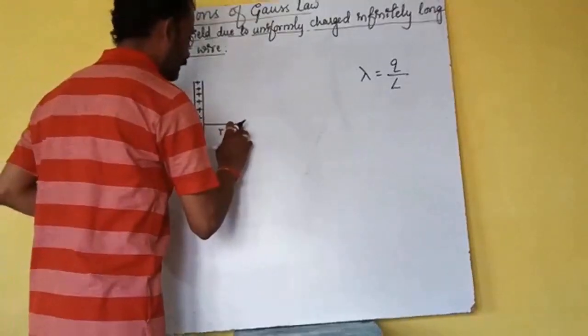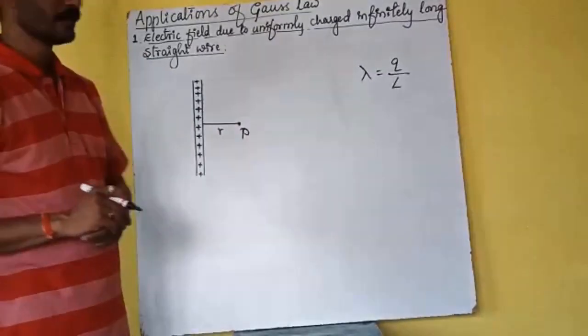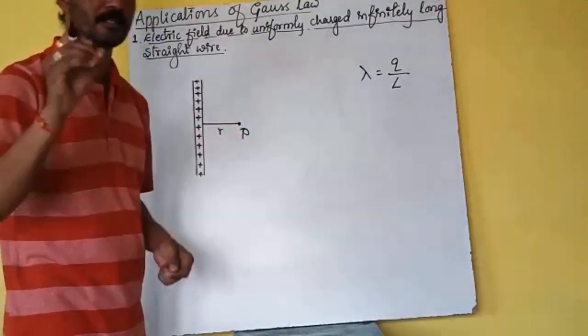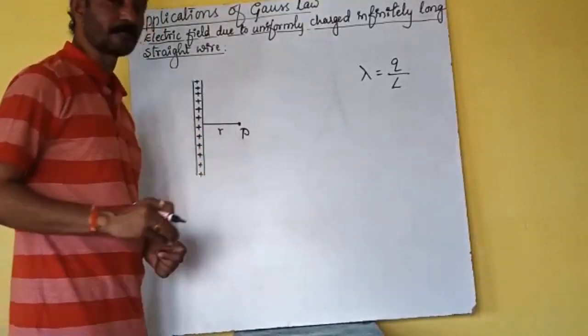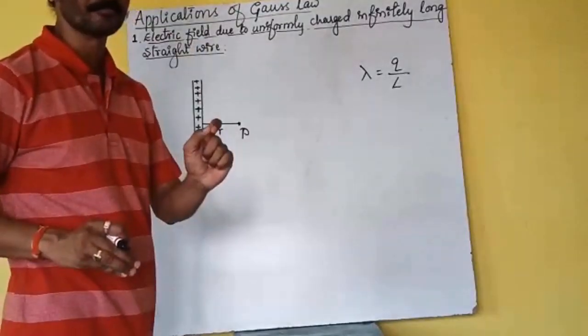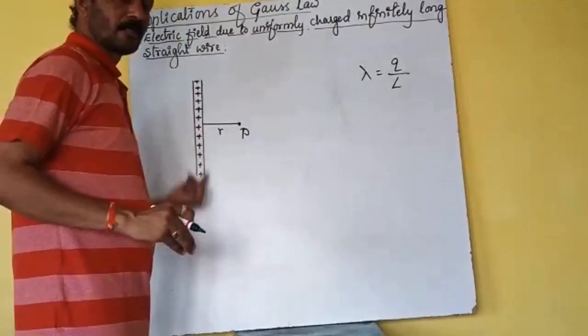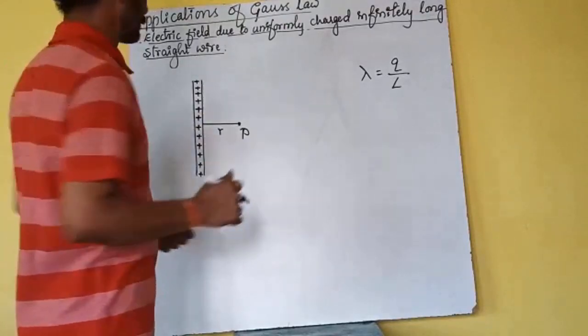To find the electric field at point P, imagine a cylindrical Gaussian surface of radius r and length L with the wire as its axis.